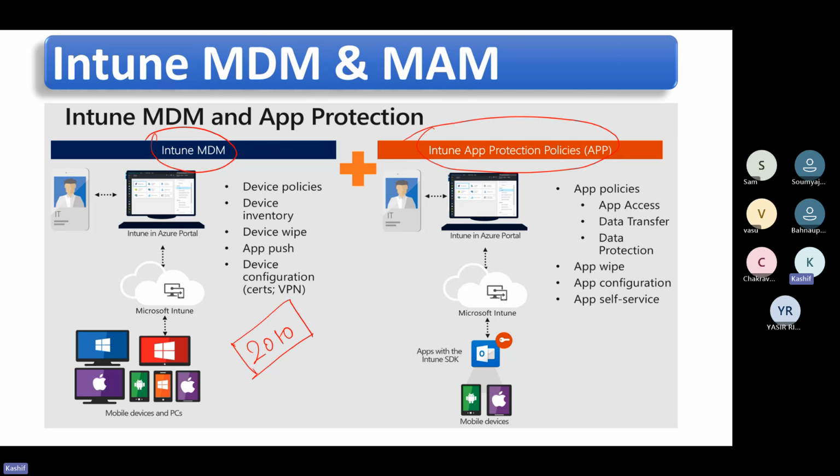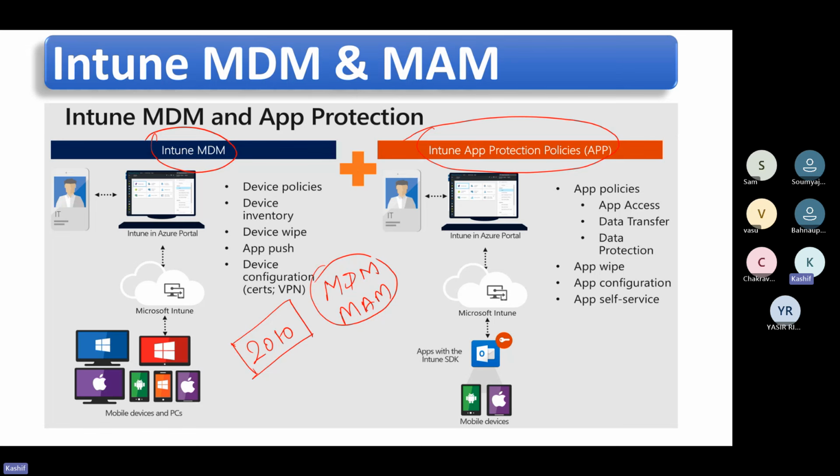So we have MDM and MAM. Intune does two things. The core functionalities of Intune are to manage mobile devices and mobile applications. So it does MDM and MAM, mobile device management and mobile application management.